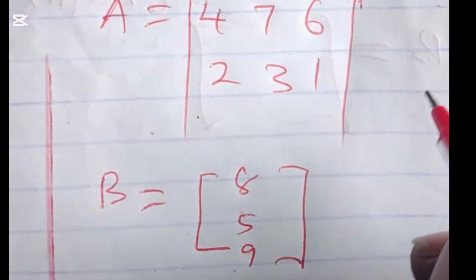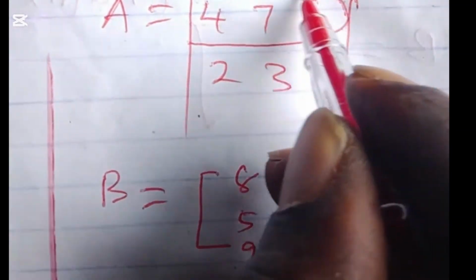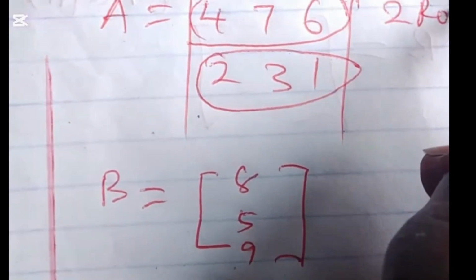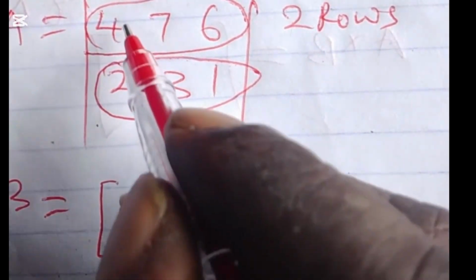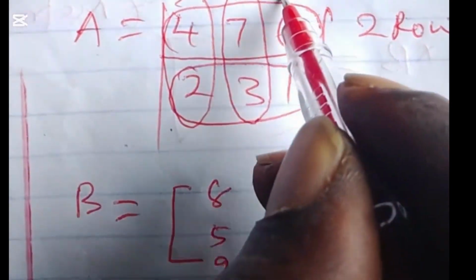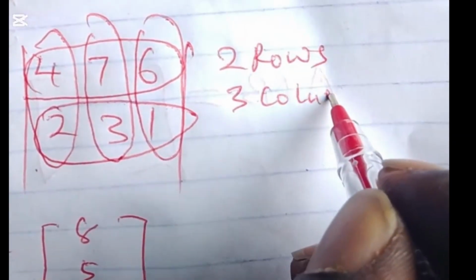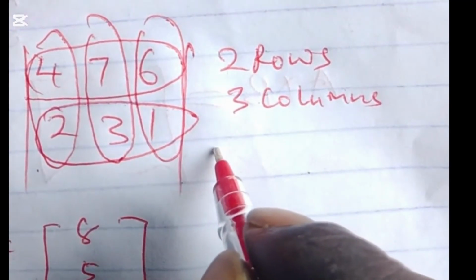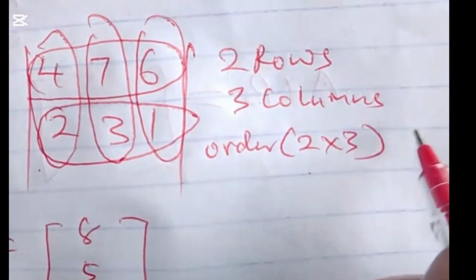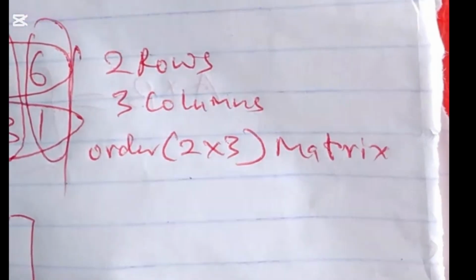In this example, A has 2 rows and 3 columns: column 1, column 2, and column 3. So we call it a 2 by 3 matrix.